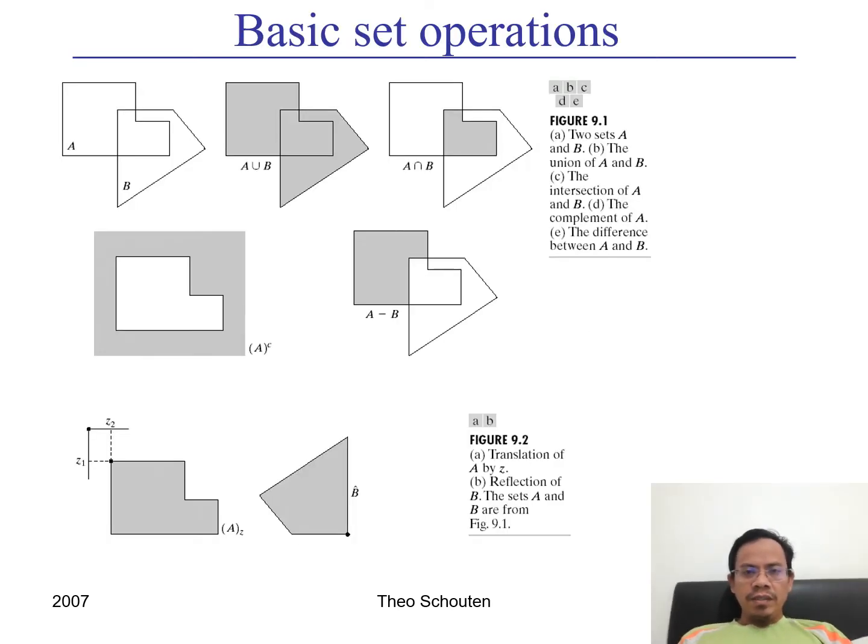So this is a basic operation. This is all based on mathematics: A, B, A union B, A subset B. So we can implement this mathematical operation into image analysis or image processing.